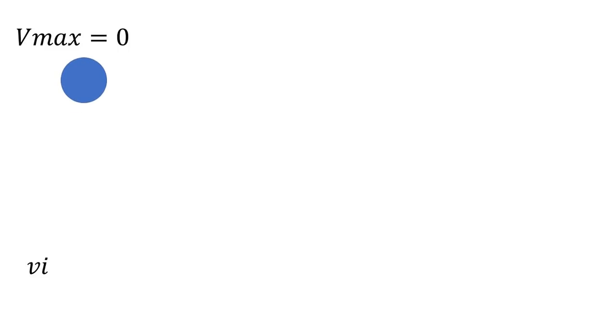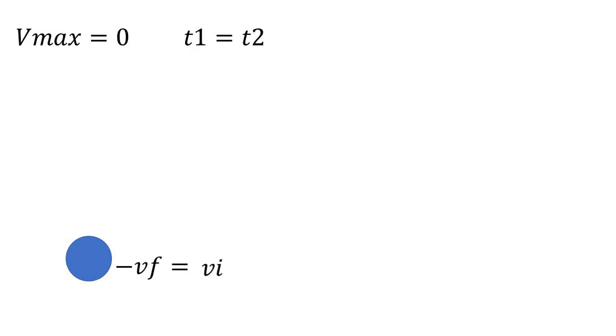As it moves up, it will reach a point where it stops, and the velocity at that point is v max, which is always 0. As it returns and hits the ground, it hits with the same velocity it left with, but in a different direction, meaning that our v initial will be equal to v final, and the time it took to move from v initial to v max will be equal to the time it took to move from v max to v final.